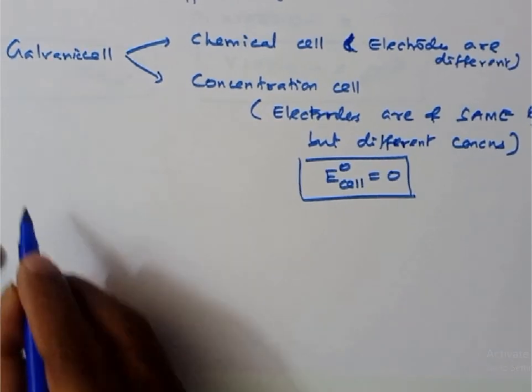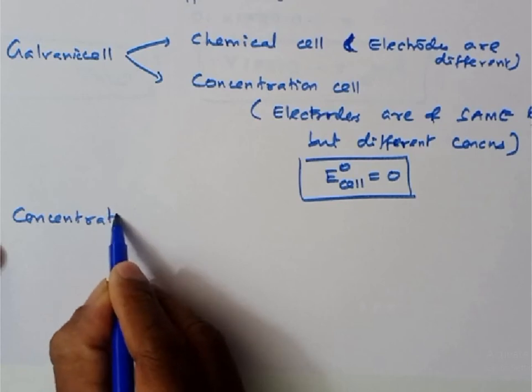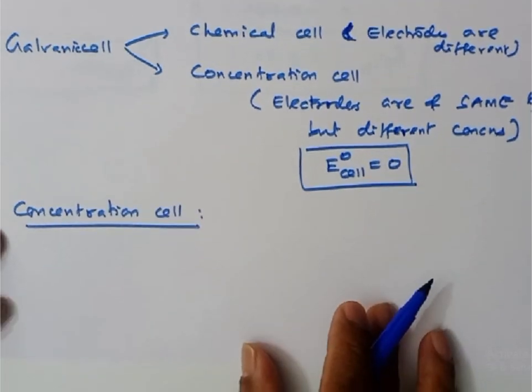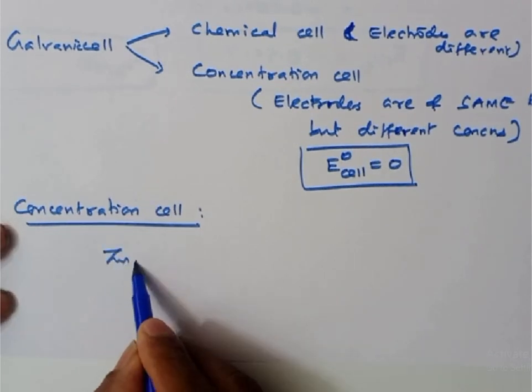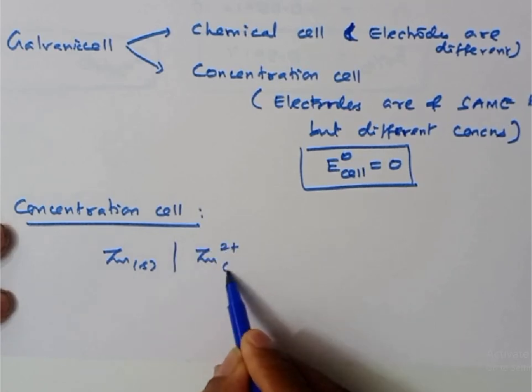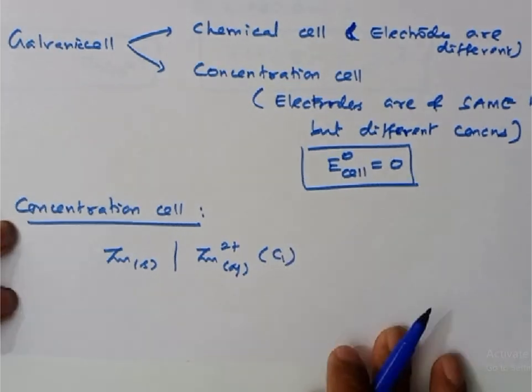See here, for concentration cell, I'll take solid zinc immersed in zinc ion solution, aqueous solution of concentration say C1.